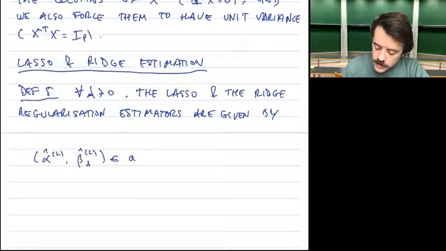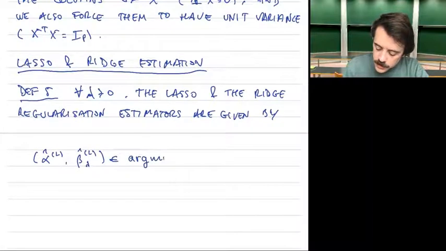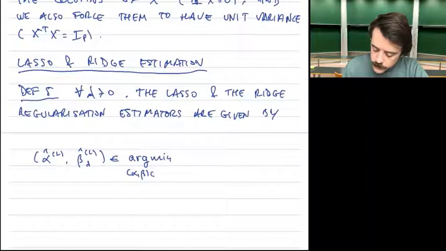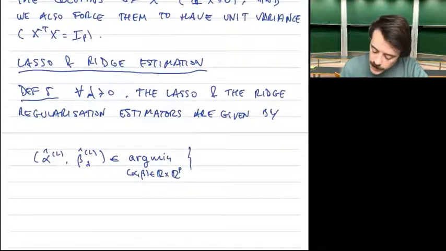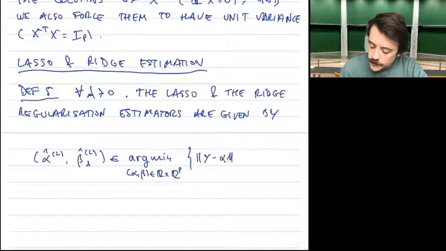So this is going to be the argmin over alpha, beta in the real line times R^p, and it is the argmin of, in this case, we're in the linear model, so we can look at the residual sum of squares directly.